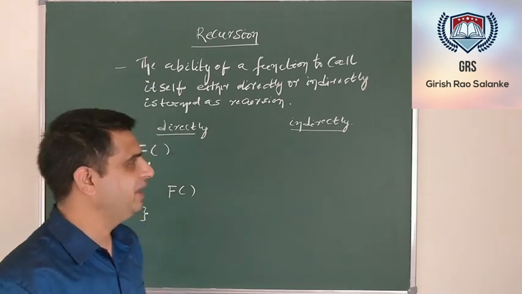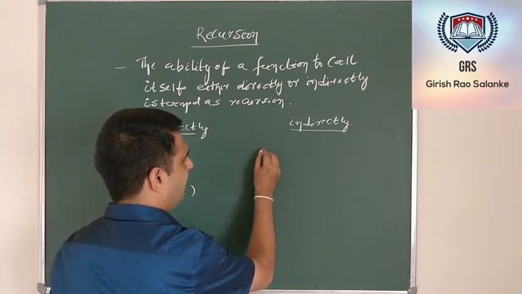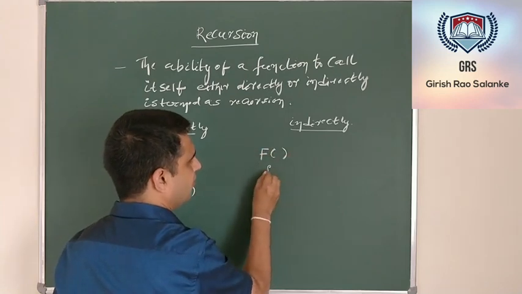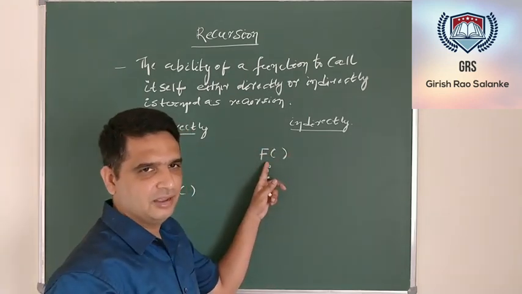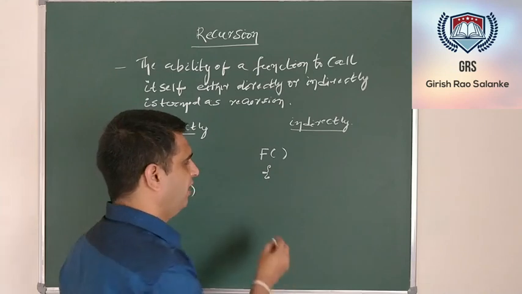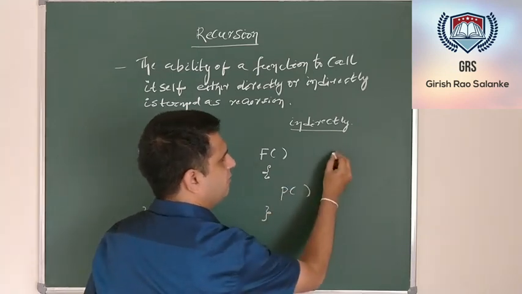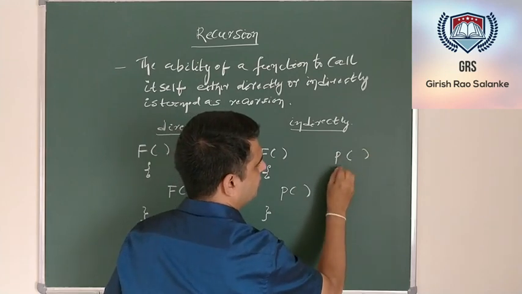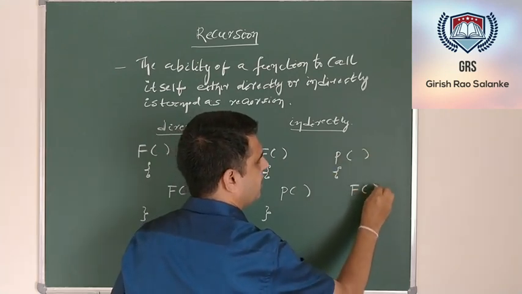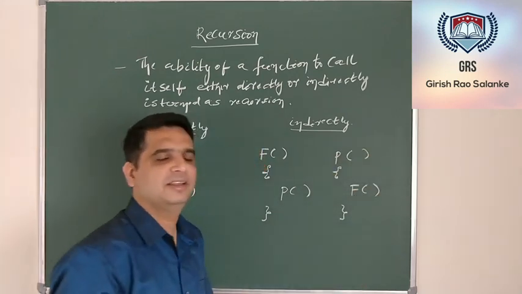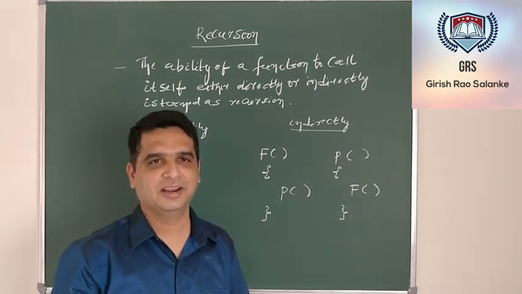Now, what do you mean by indirect? Assume that there is a function f, and instead of calling itself, it calls one more function by name p, and this p function calls the actual function f. Then it is called indirect recursion.